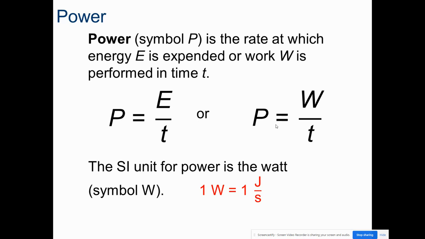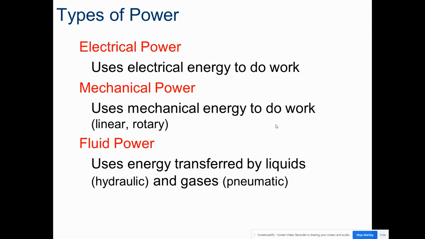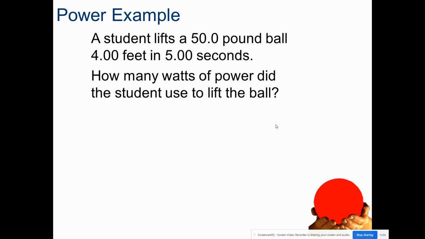The SI unit for power is the watt, and 1 watt is equal to 1 joule per second. Electrical power uses electrical energy to do work, mechanical power uses mechanical energy to do work, linear or rotary, and fluid power uses energy transferred by liquids and gases.